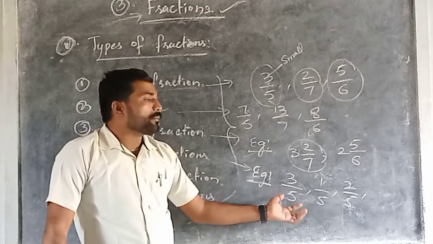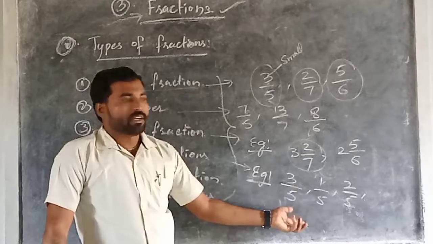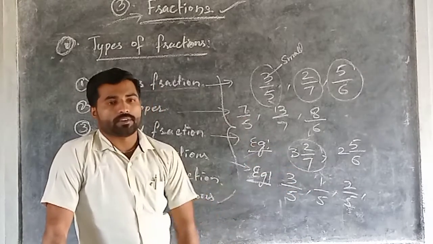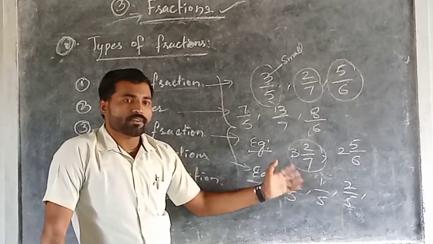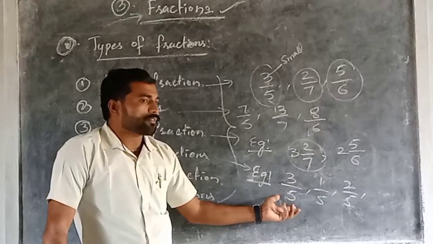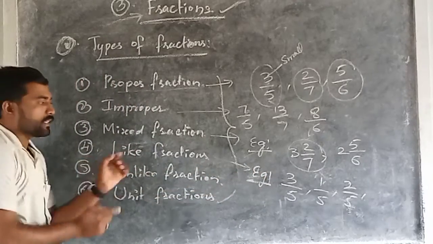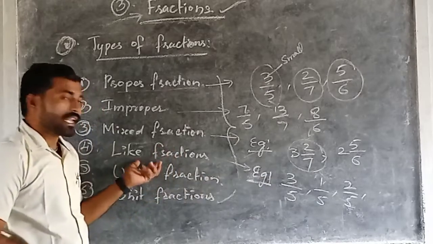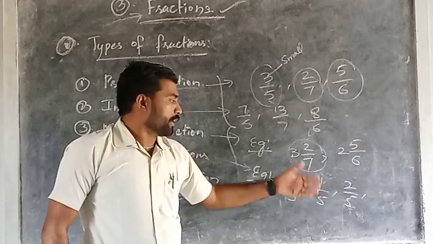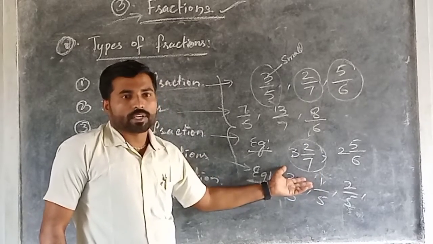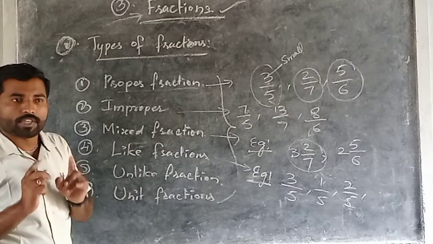The denominators are equal, but the numerators are different. So this type of fractions is called like fractions. All of you, did you understand?